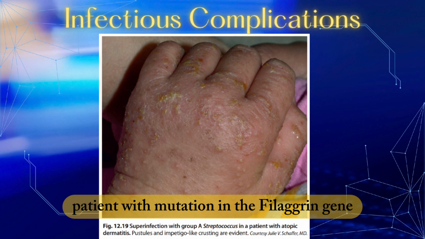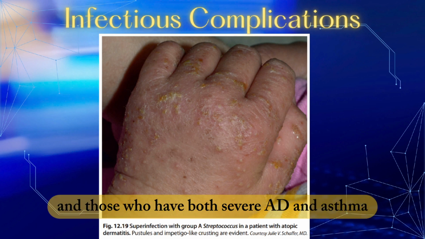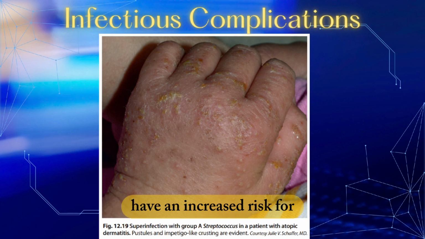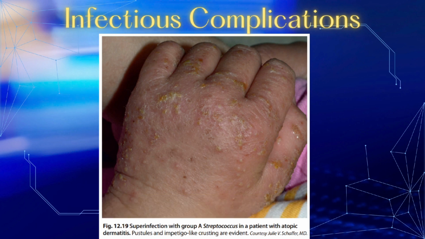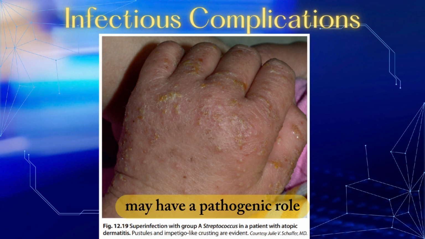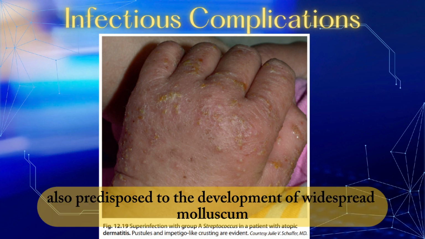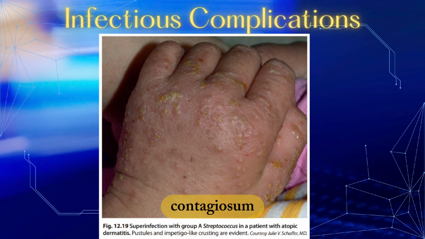Patients with mutations in the filaggrin gene and those who have both severe AD and asthma have an increased risk for eczema herpeticum, and increased production of antimicrobial peptides may have a pathogenic role. Patients with AD are also predisposed to the development of widespread molluscum contagiosum.